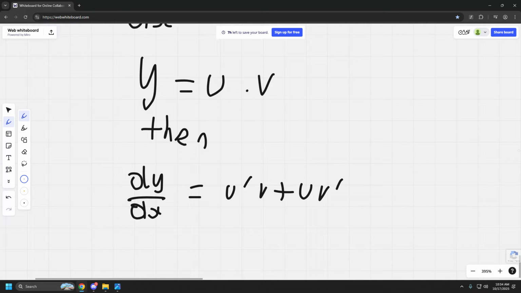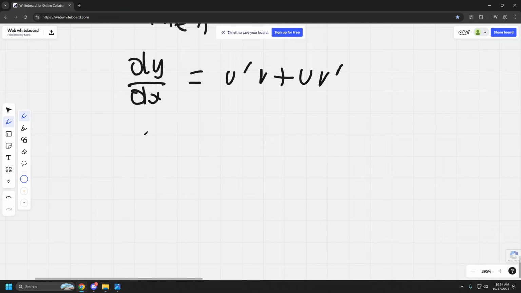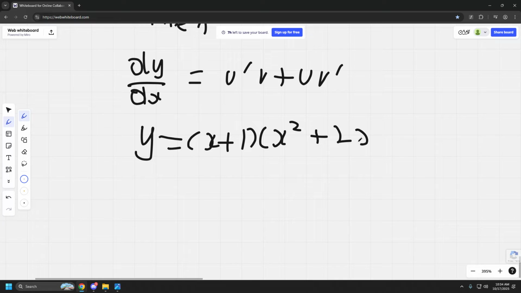Alright, so let's do an example. Given y is equal to (x plus 1)(x squared plus 2x), let x plus 1 equal u and x squared plus 2x equal v.